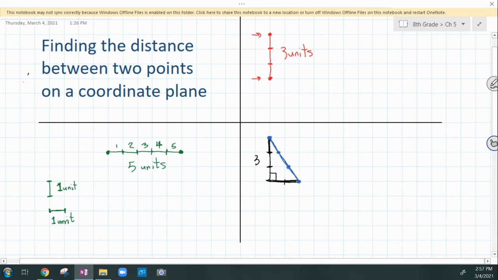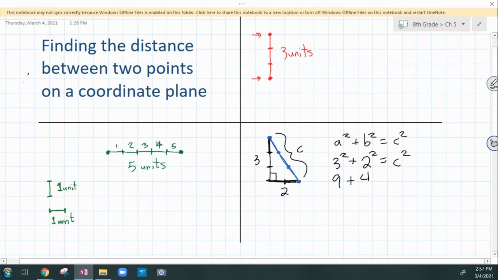And this bottom one is a length of 2 units. So now we can find the length here, which we can represent as c because it's the hypotenuse, the one across from that right angle.